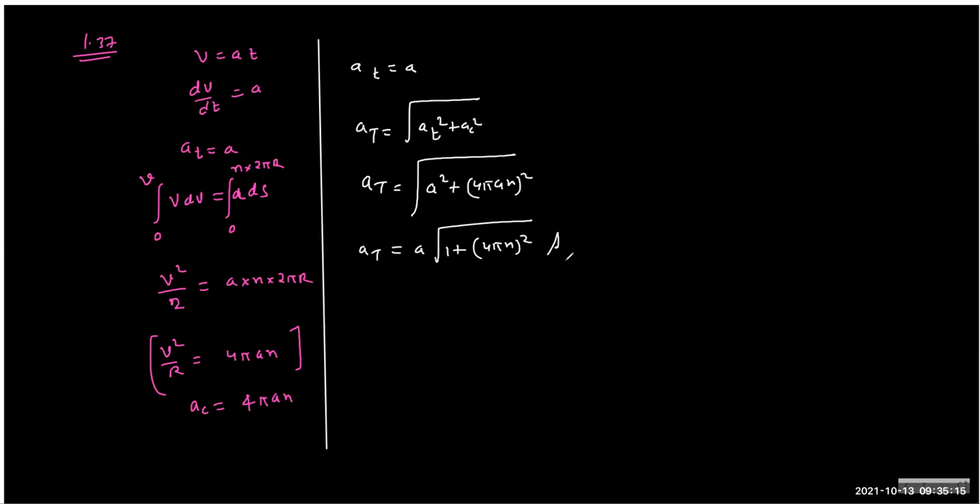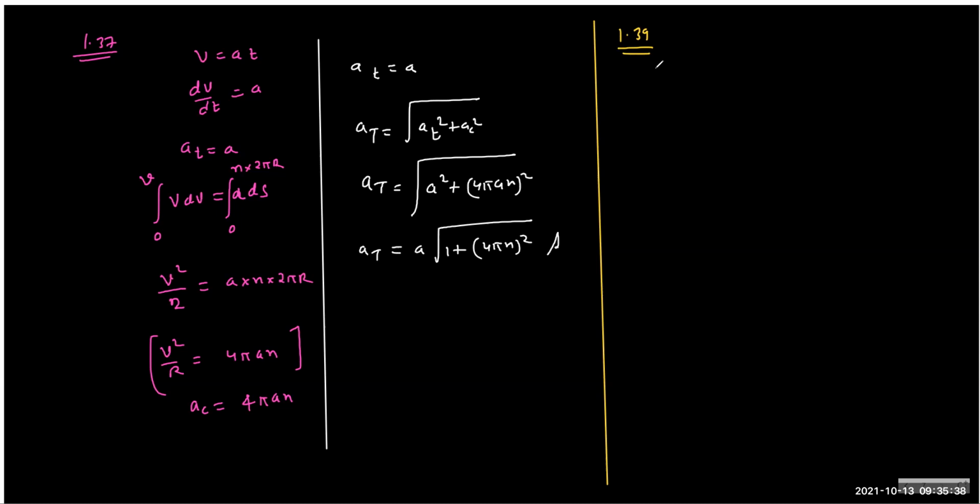Now 1.38 we have done, so that's nothing to do with it. You can go to question 1.39. I hope this is clear to all of you, and I hope you have also realized that this is the kind of question which is important in this chapter.